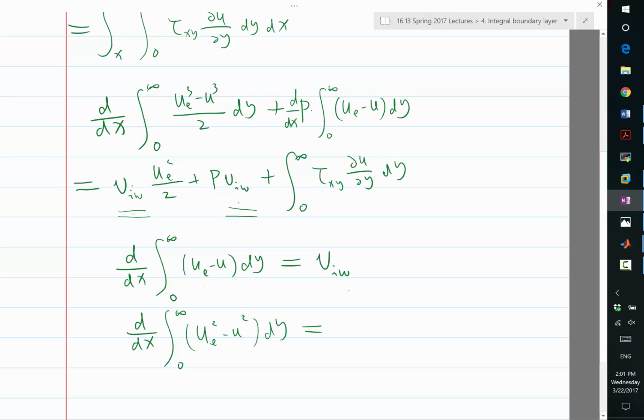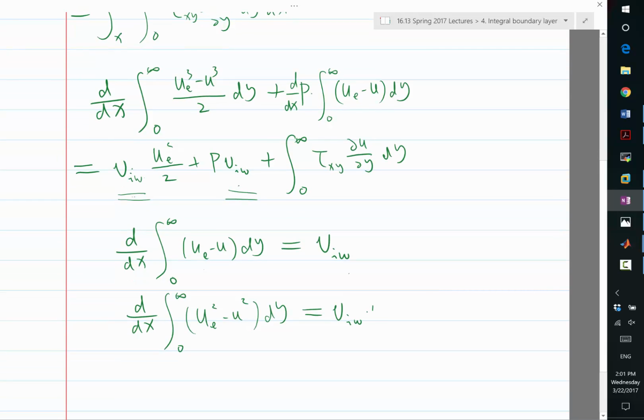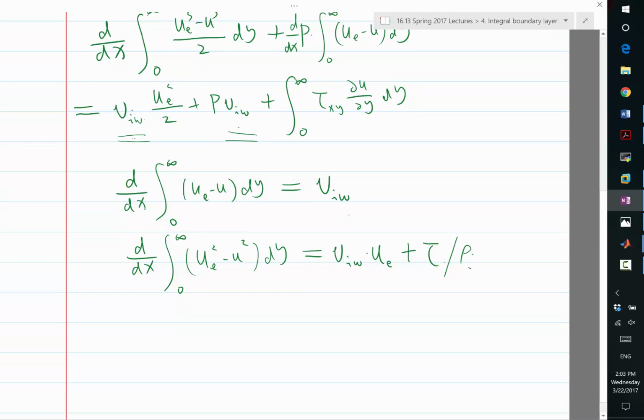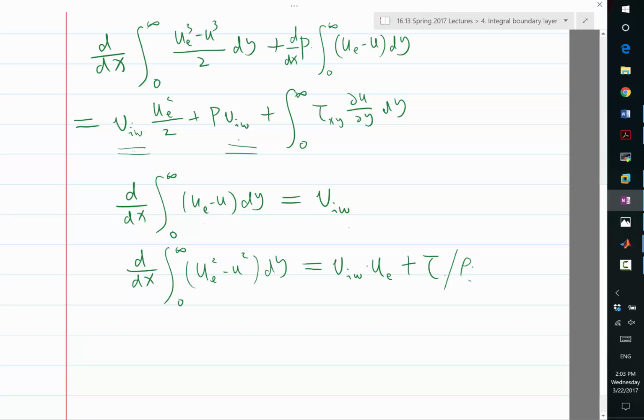The first term is the momentum flux from the wall, so that's a ue, and there is also another term from the pressure gradient. Right, tau over density, evaluated at the wall, at y equal to 0.